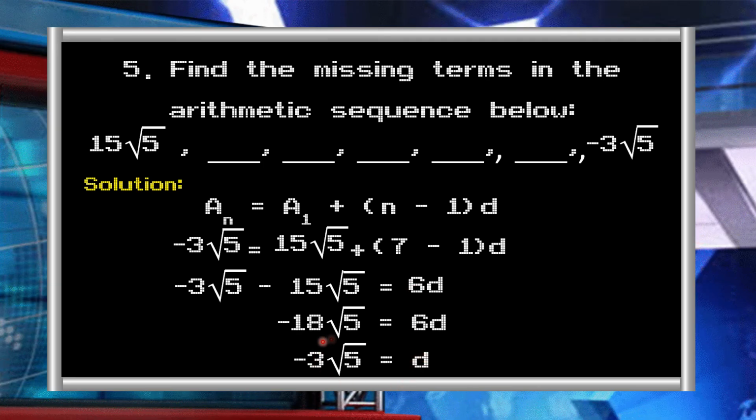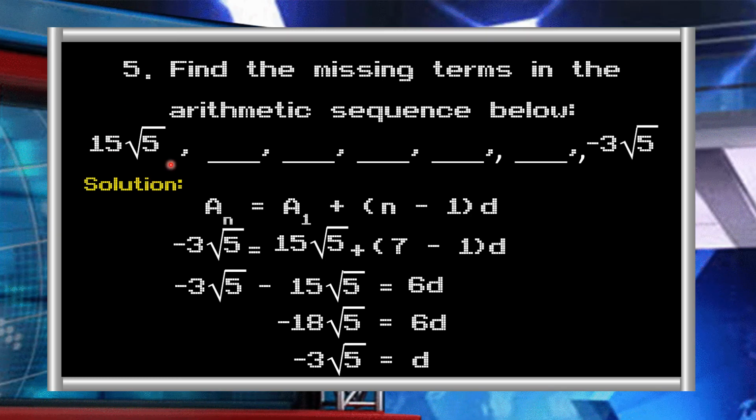So, since meron na tayong value ng common difference, i-add lang natin yung common difference sa first term para makuha yung next term. But since negative yung ating common difference, so it's just like we are subtracting negative 3 square root of 5 from 15 square root of 5.